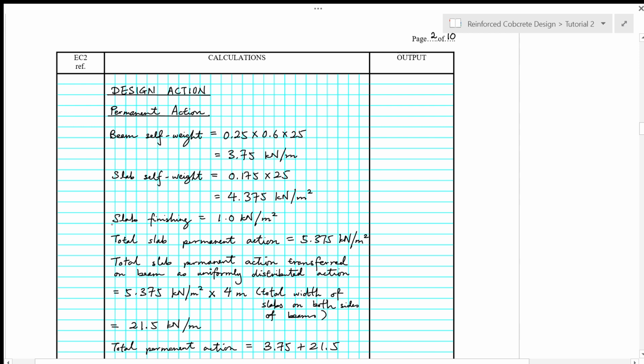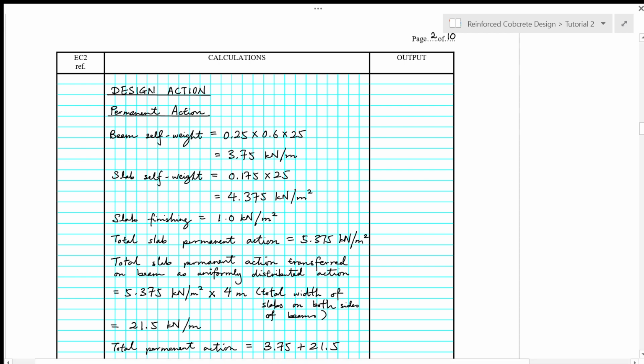And then we have slab finishing of 1 kilonewton per square meter. So the total slab permanent action is 5.375 kilonewton per square meter. So this 5.375 kilonewton per square meter is area load, which is the action on plan.